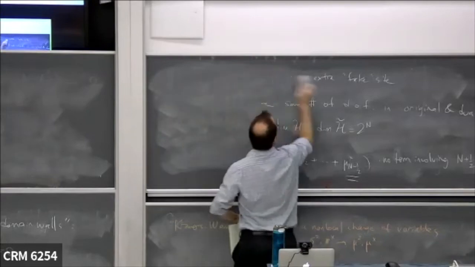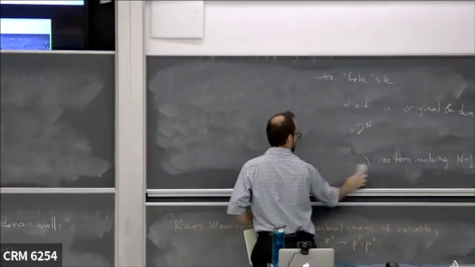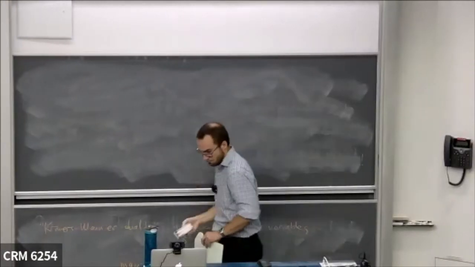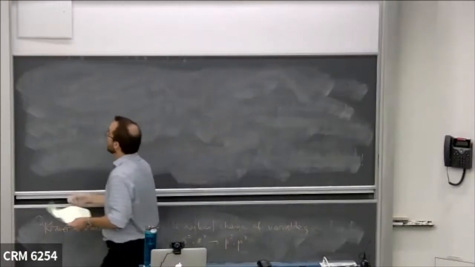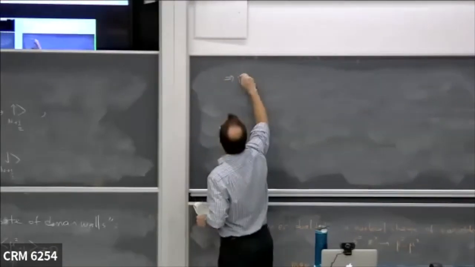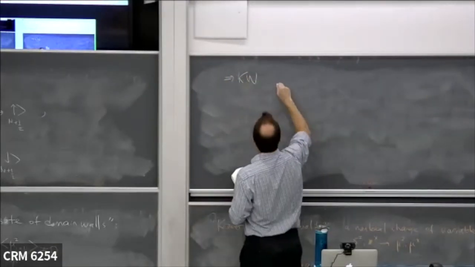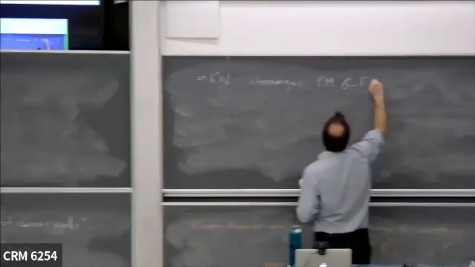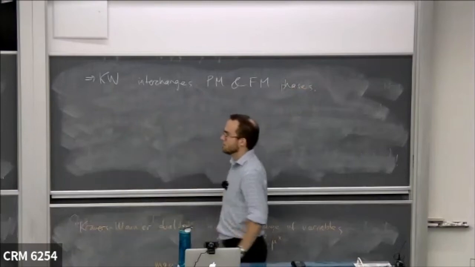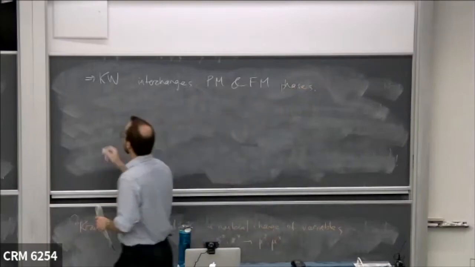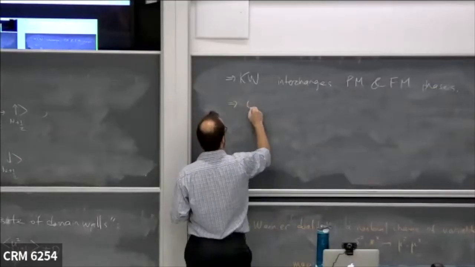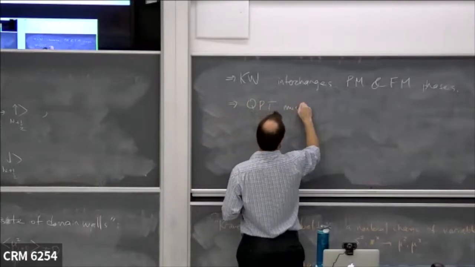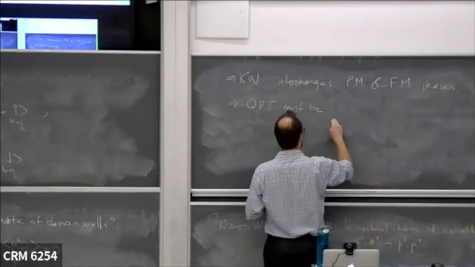We can describe the two phases in the original language and the dual language. And so what we find is that this Kramers-Wannier transformation or duality interchanges the paramagnetic and ferromagnetic phases. Clearly that means that the quantum phase transition, where we have neither one phase nor the other, must be at the self-dual point of this transformation.